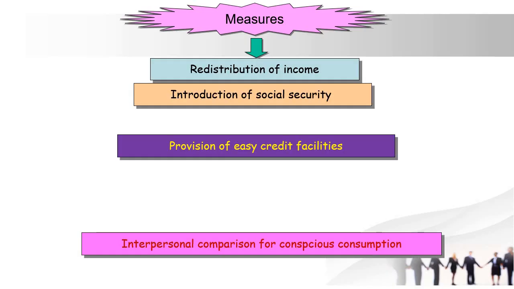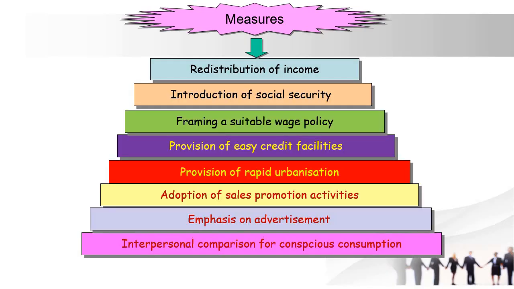The first one is a redistribution of income. The redistribution of income in favor of the low income group is the first measure to increase the consumption in the economy. Then the second measure is the introduction of social security.